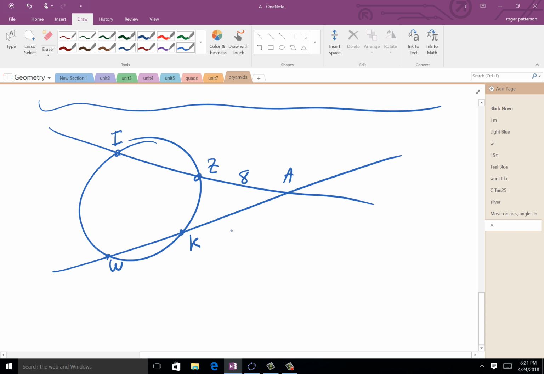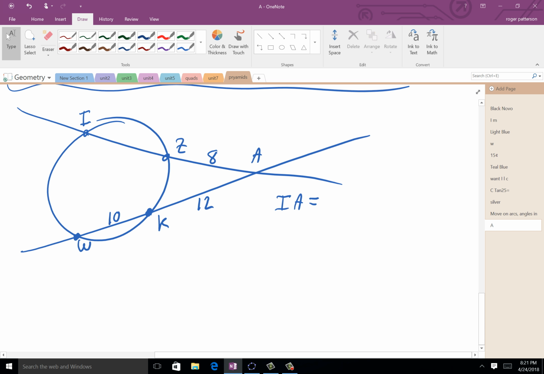Let's say that this here is 12. Let's say this distance from W to K is 10. And we want to figure out what this is. Here we'll put a little X there. Actually, we want to figure out what IA is. The whole length.